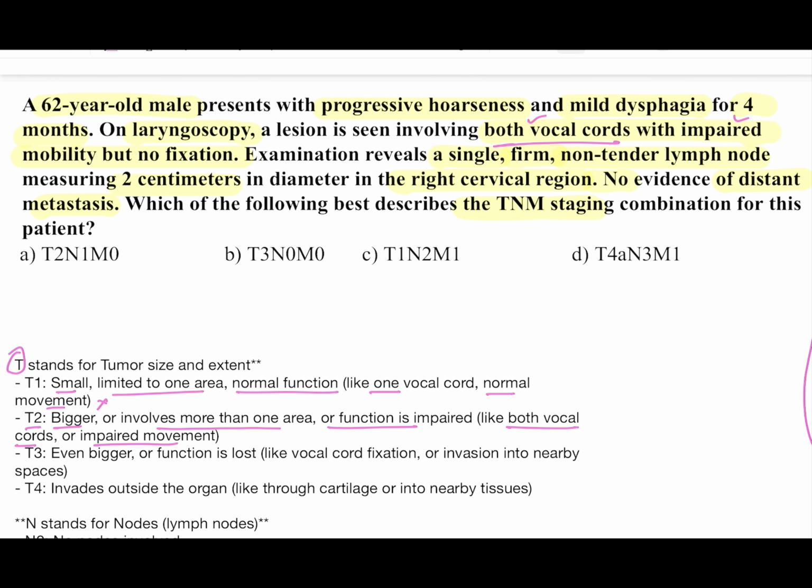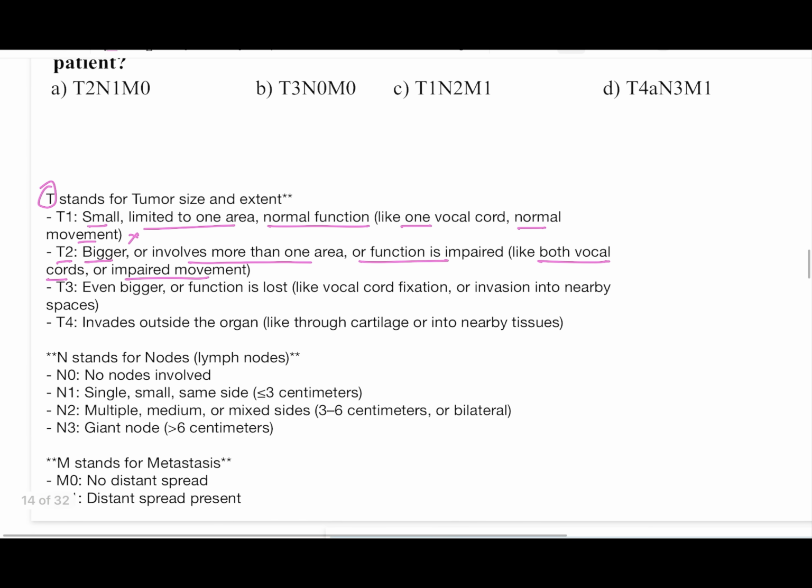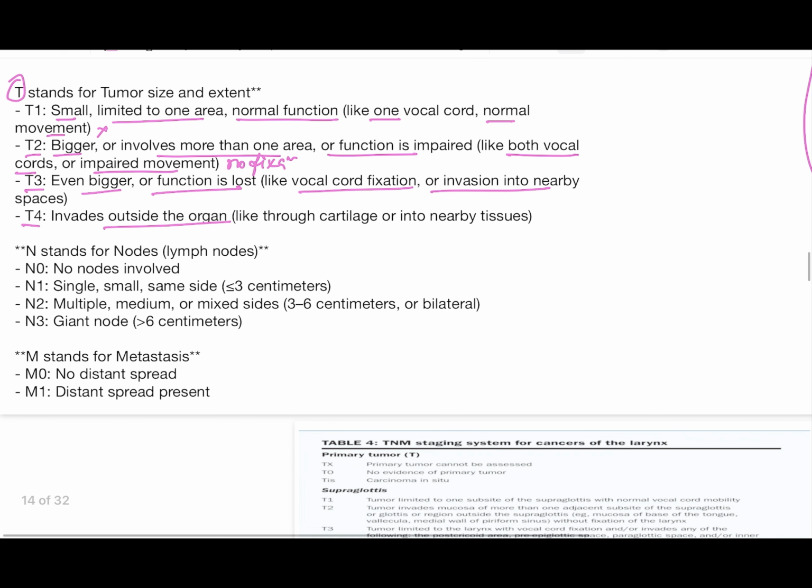So both vocal cords and impaired mobility means this is correct, but no fixation. So here you can write no fixation. T3 means even bigger, function is totally lost. Now they have vocal cord fixation and invasion to nearby spaces. T4 means invasion outside the organ, meaning cartilage or nearby tissue.